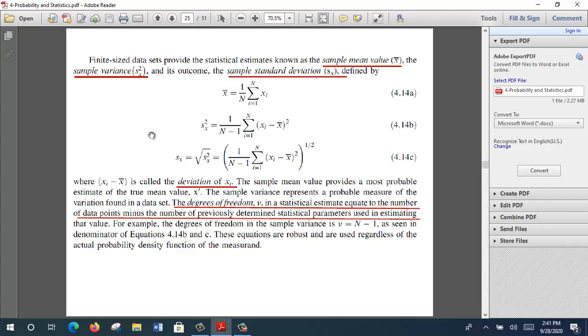This is the general formula that you need to remember and understand more. By definition, xi minus x bar, where x bar is the mean value, is called the deviation of xi.